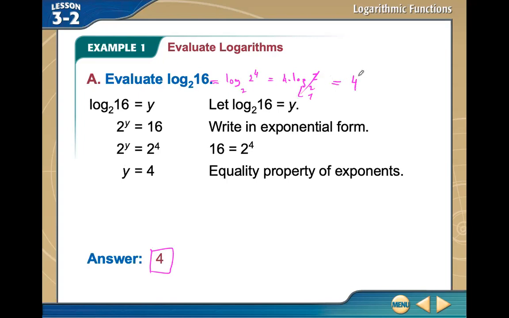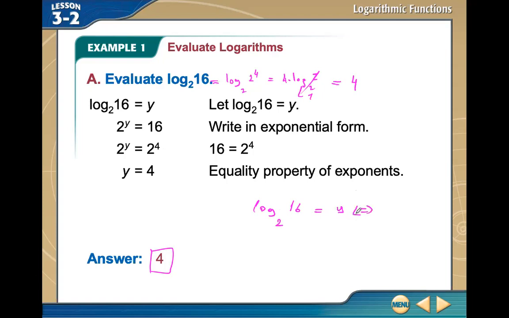Later I will give this rule, but right now, by using the definition, let me explain one more time. The logarithm of 16 to the base 2, if I call it y or x, whatever you want, it's not important. Let's call it y. Just have a look, please.